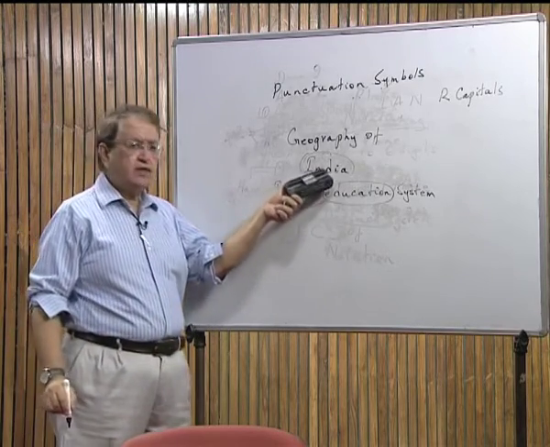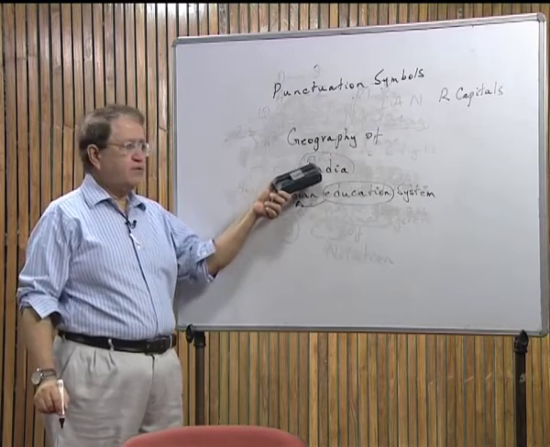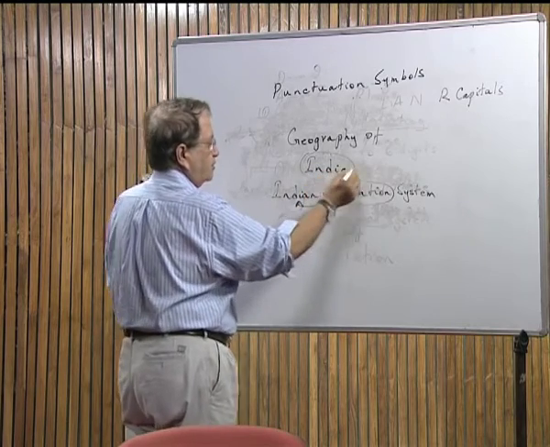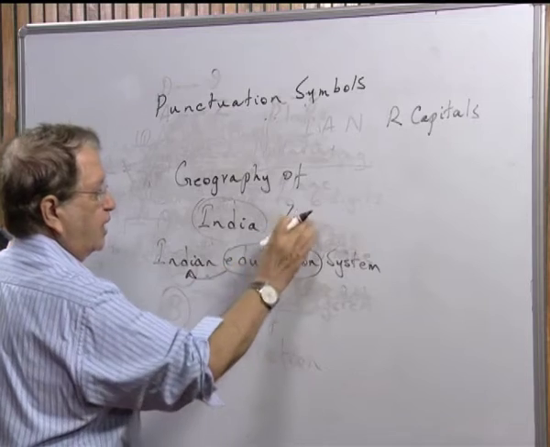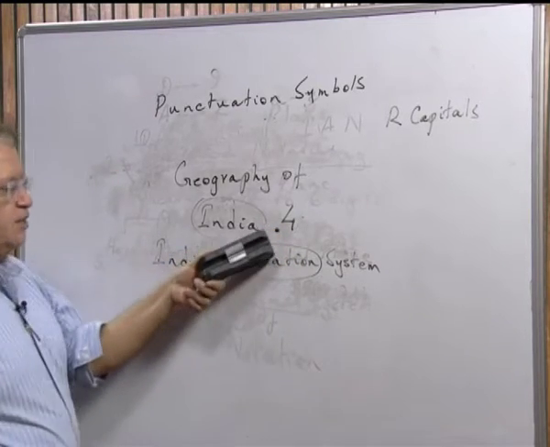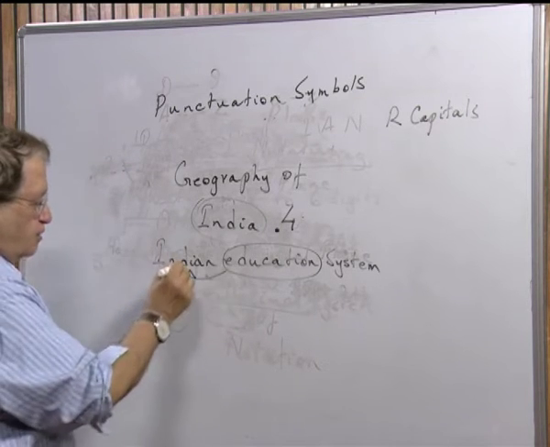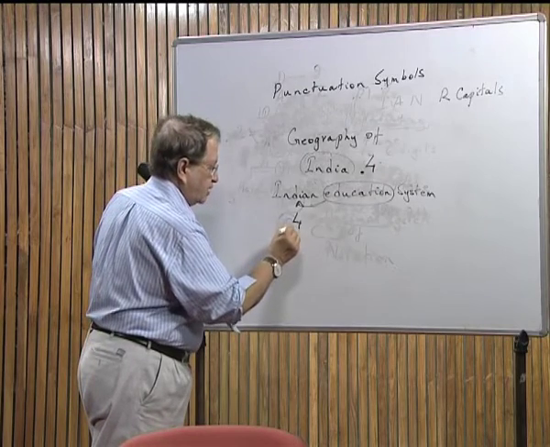Here the subject itself is geography, meaning the focus of geography is on India. Now, if this is represented by, let us say, 4, and this 4 is preceded by a dot, and dot means space, and for India also, here also we are using 4, but before this, let us say we have put a comma.